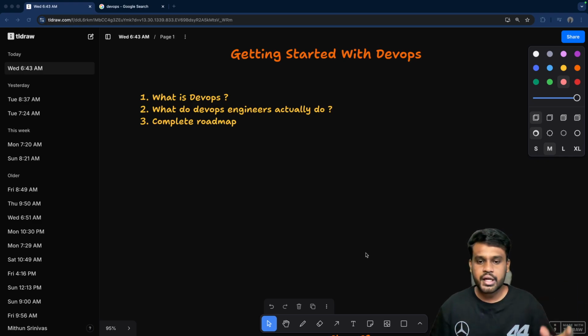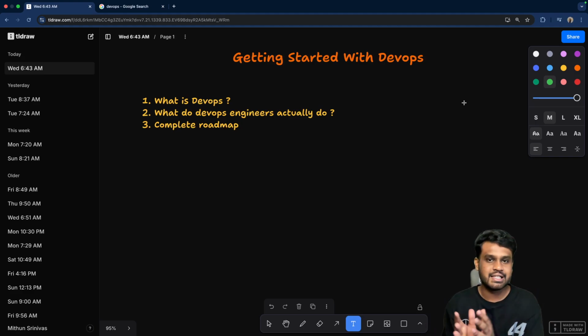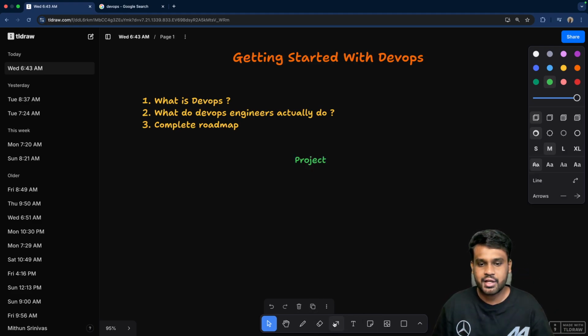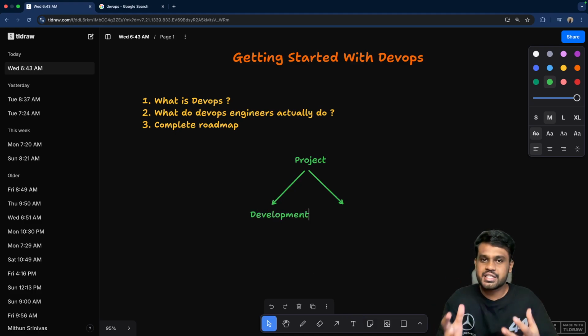Historically, whenever a project is built, it follows something called a software development lifecycle, SDLC. You would have heard of it. Initially, whatever project we have, it will happen in 2 phases. I am taking it at a very high level. So this is the scenario before DevOps. The first phase is the development phase, where the application is planned, the features are drafted, and the code is written.